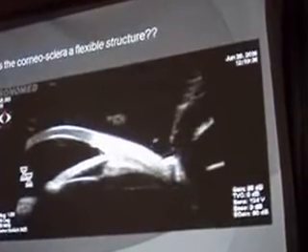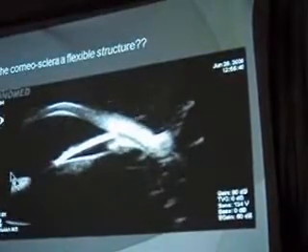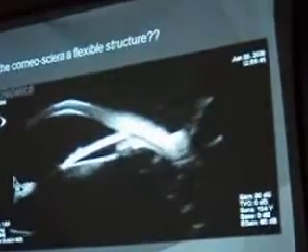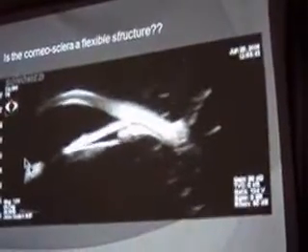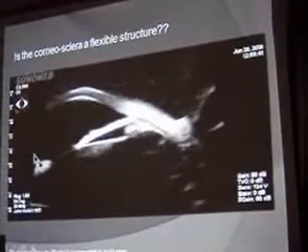This is one picture, but this is another picture of a different patient. Look at this, wait until my lazy computer wakes up. Okay, now the sclera is moving. It's clearly creating the space for the ciliary body to contract.